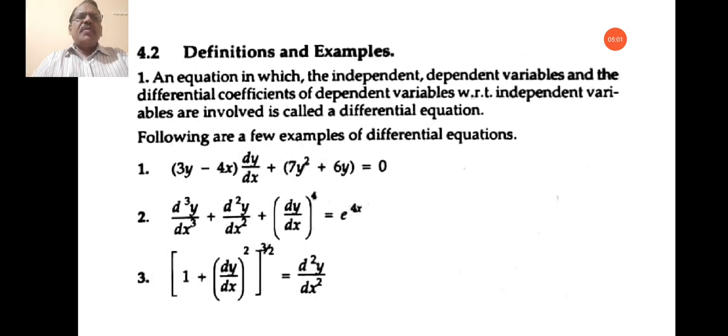But after simplification, if you square on both sides, the left hand side 2 gets cancelled, and on the right side it is 2. Therefore order 2 and degree also 2. We call it a second order and second degree equation.